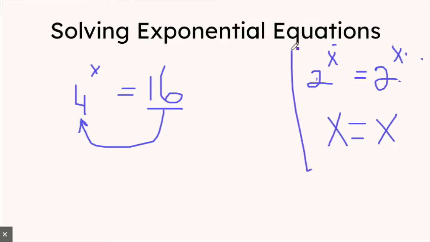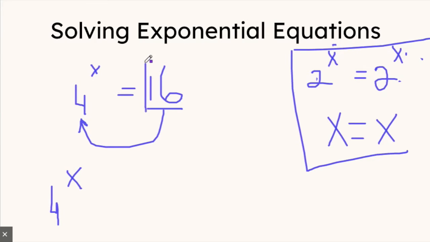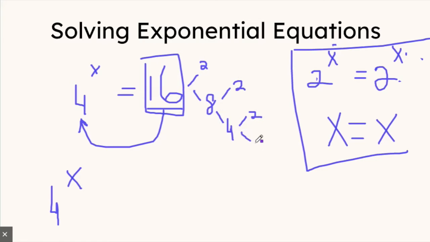Now, how can we use this idea to solve this question? We already have 4 to the xth power, the same form as this. We are going to put 16 in the same form. Now, 16 is 2 times 8, and you can divide 8 again by 2, 4, 2, and 2.